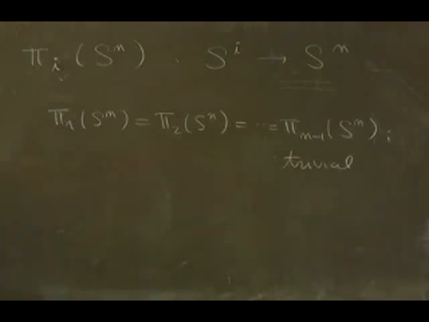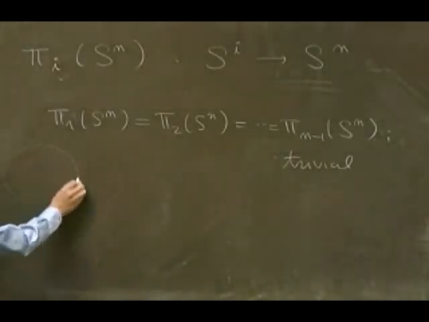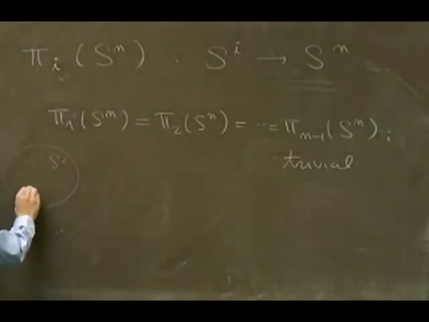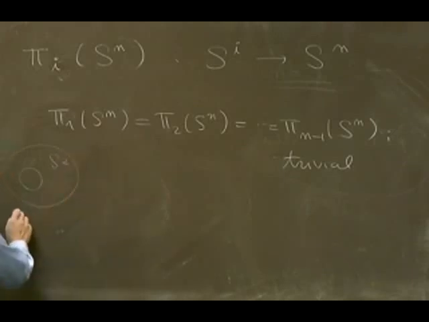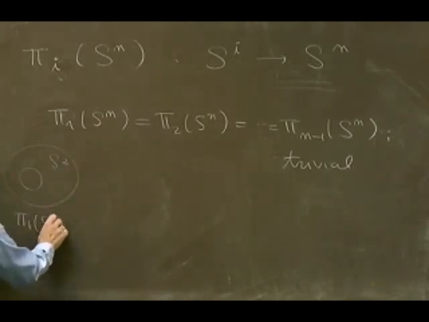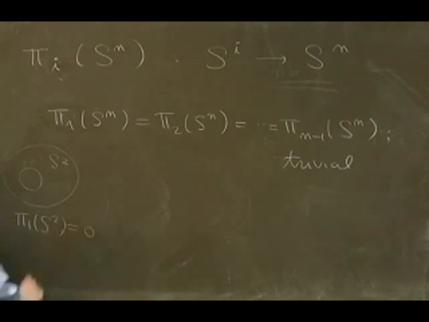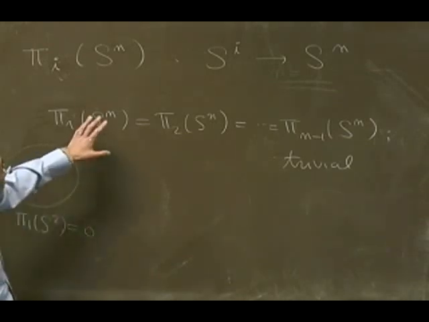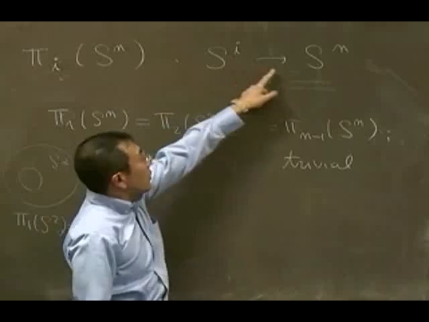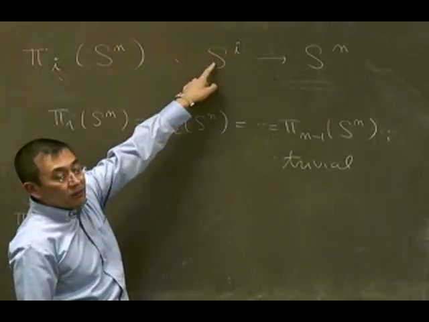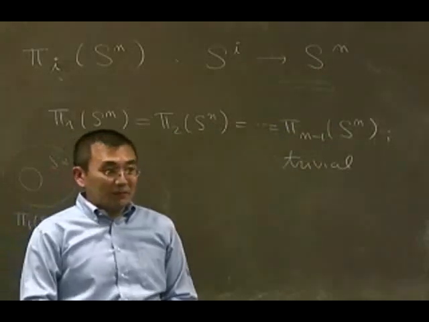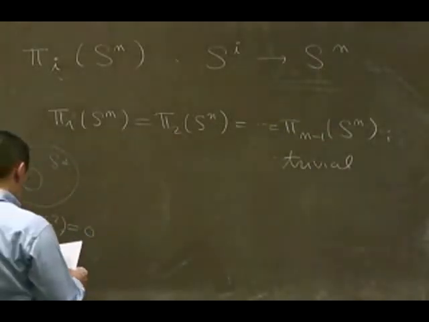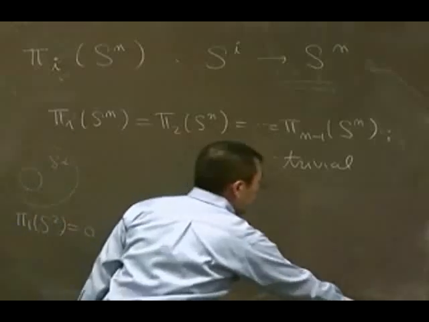This is a generalization of the notion that if you have a sphere and consider a loop, it can always shrink off. A particular example of this is that pi 1 of S2 is trivial. So in general, if you have a map from sphere to sphere, and the dimension of the source is smaller than the dimension of the target, then the homotopy class of this map is trivial. Okay? So these homotopy groups are not so interesting.